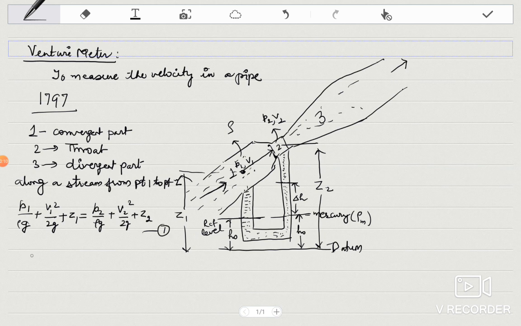Now we will use the mass conservation equation. Suppose at this point I am taking the cross section as A1, and at this point I am taking the cross section as A2.